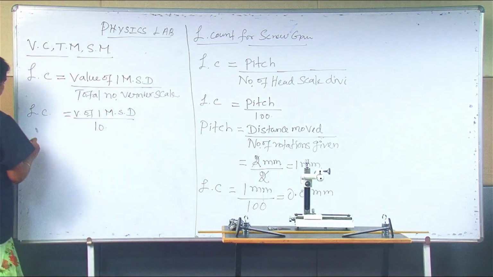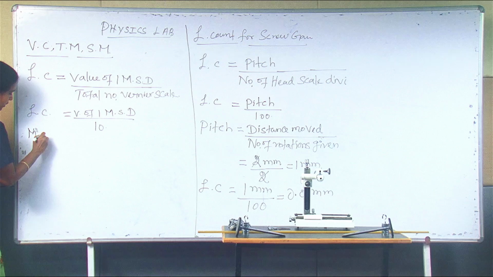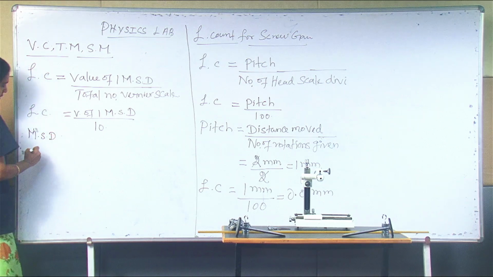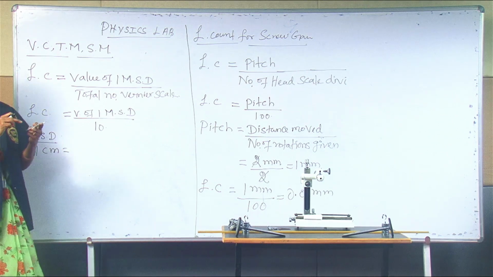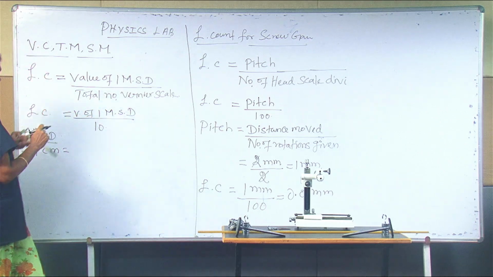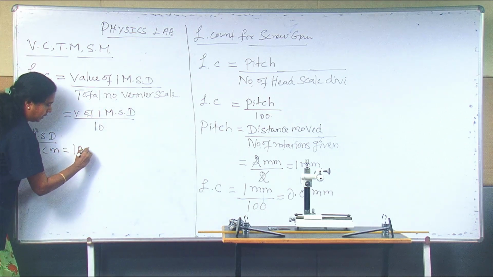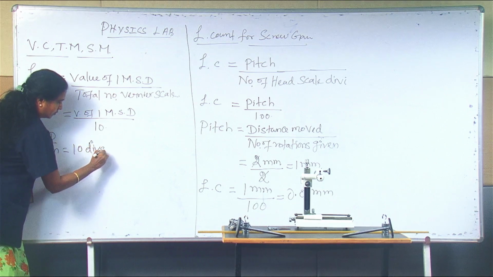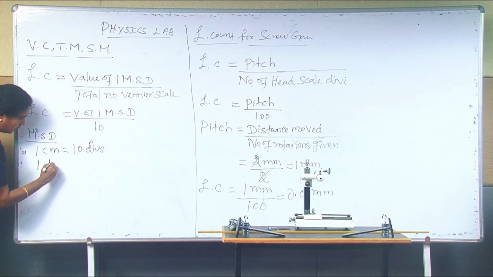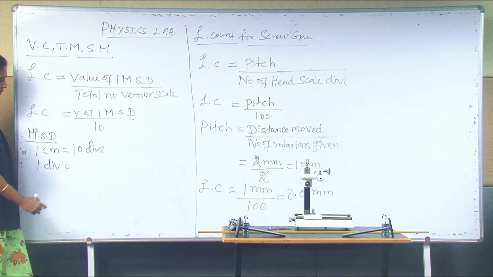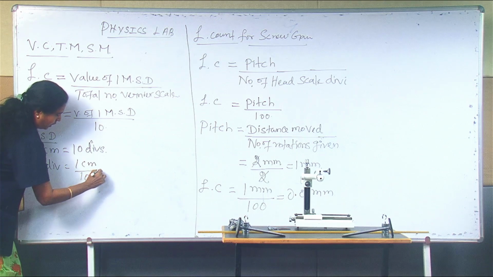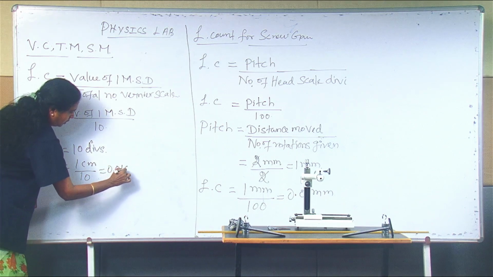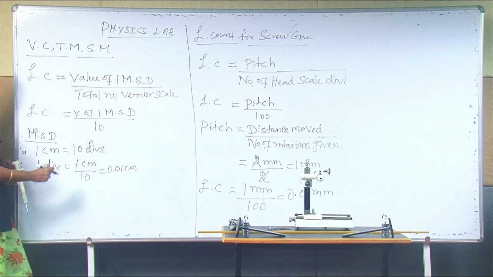So to find the main scale division, one centimeter is equal to... the apparatus is given to you, you look at the apparatus and you can easily find that 1 centimeter contains 10 divisions. So 1 division is equal to 1 centimeter divided by 10, that is equal to 0.1 centimeter.